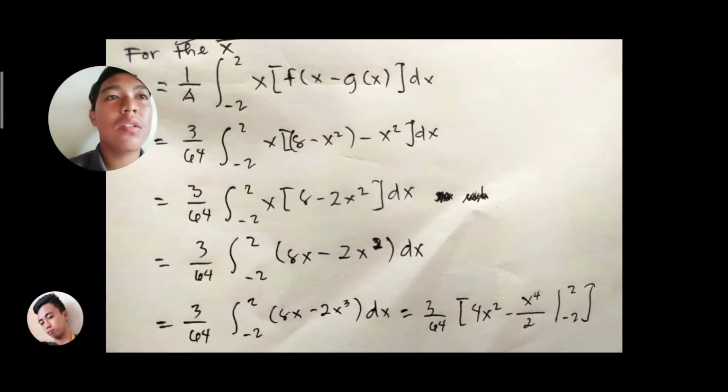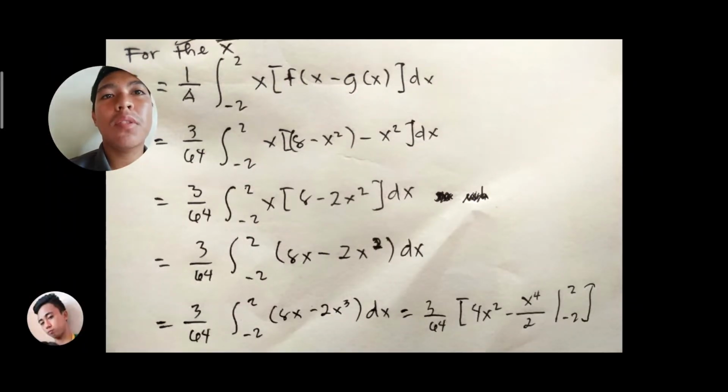And now we will find the value of x bar. x bar is equal to 1 over A times the integral from -2 to 2 of x multiplied by f of x minus g of x dx.